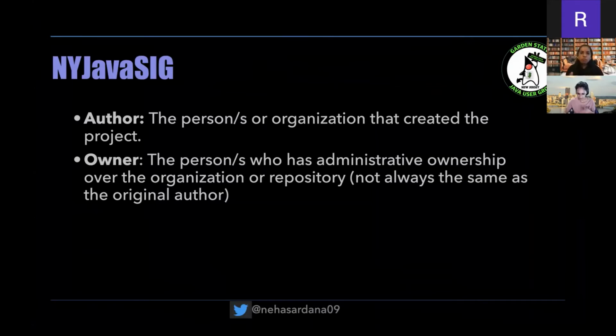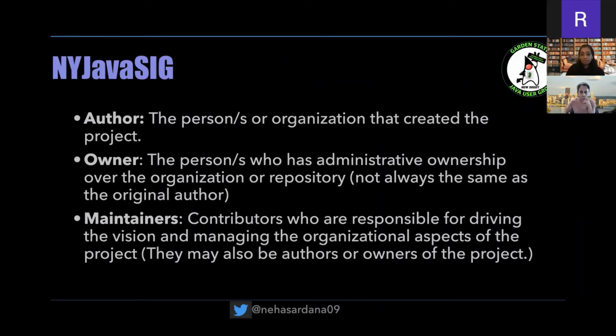They may be different people than the original author. They may not be the same. Then there are maintainers, contributors who are responsible for driving the vision and managing the organizational aspects of the project. They may also be authors or owners. So they are a wider group of people than author or owner.